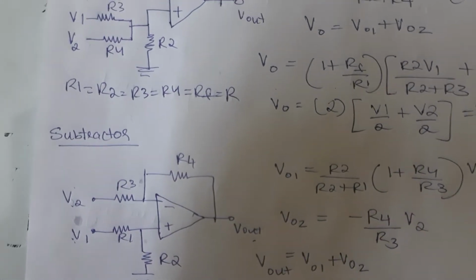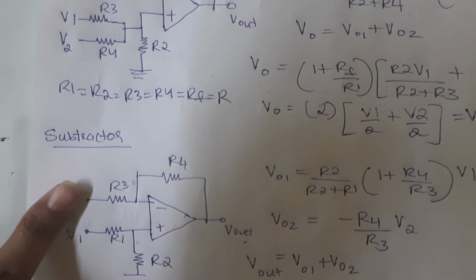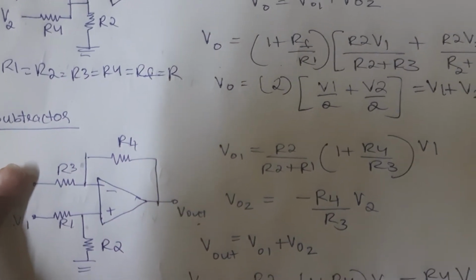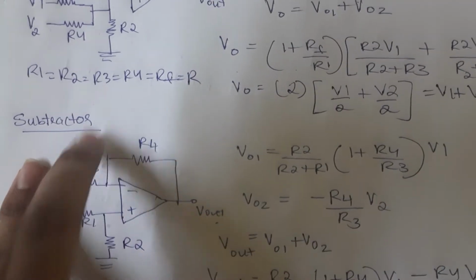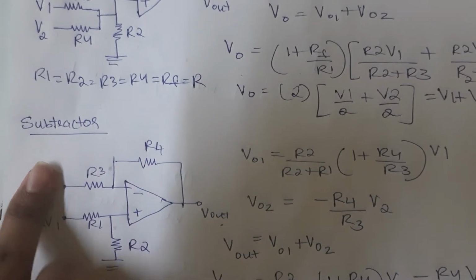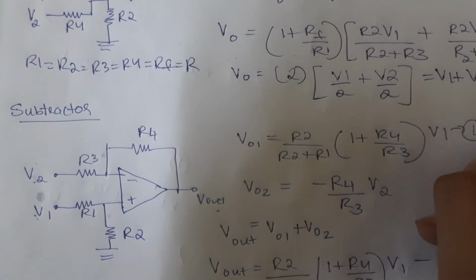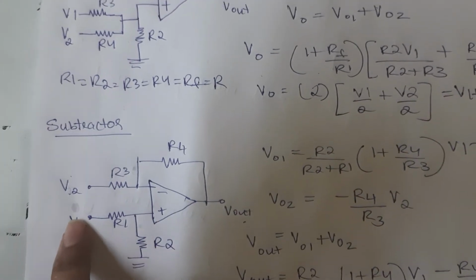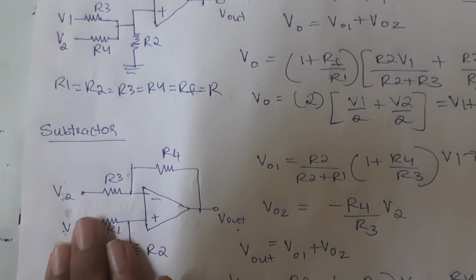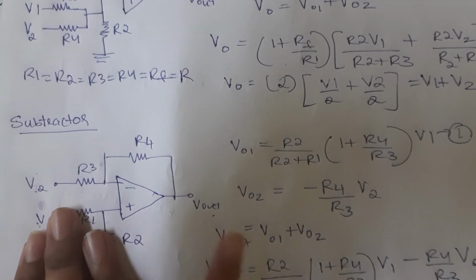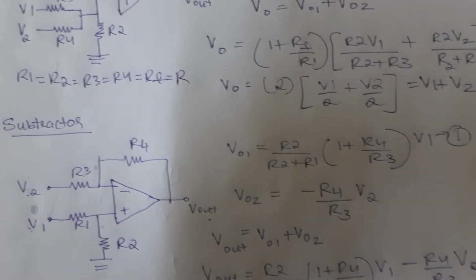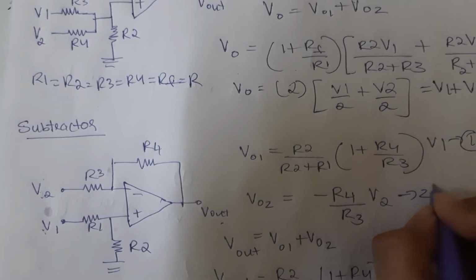According to superposition, considering only V1, I will get R2 by R2 plus R1 into 1 plus R4 by R3 into V1. This will be my first equation. Now, grounding V1 and considering only V2, I will get V02 as minus R4 by R3 into V2. Second equation.